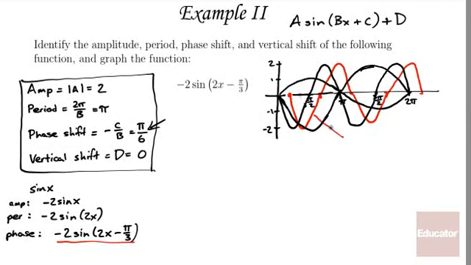So that red curve that I graphed there is -2 sine of 2x minus pi over 3.